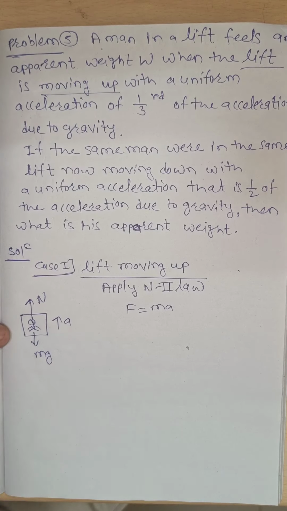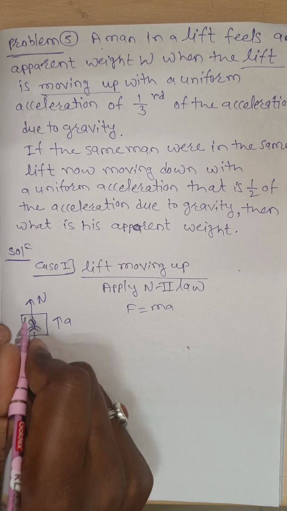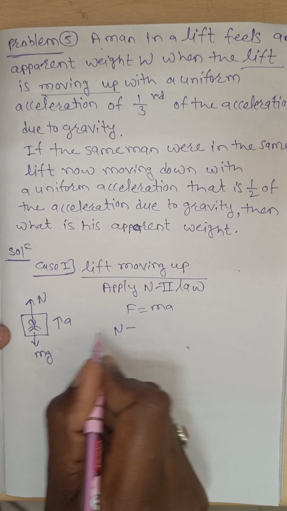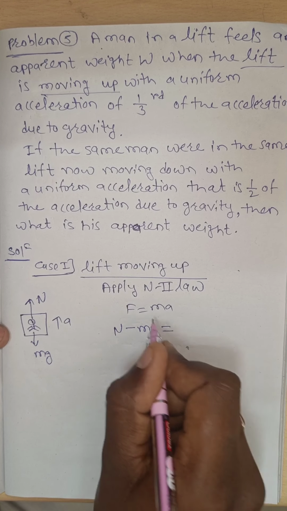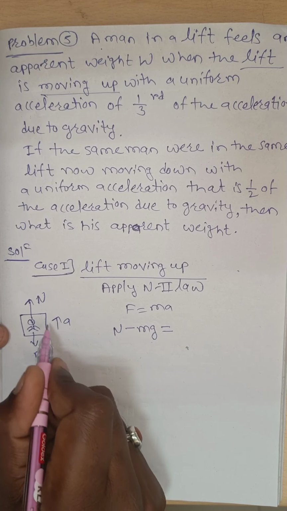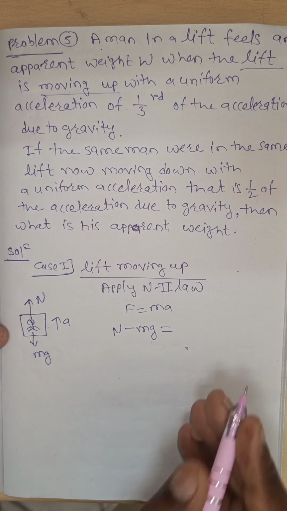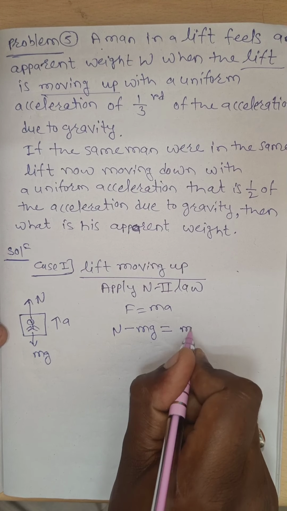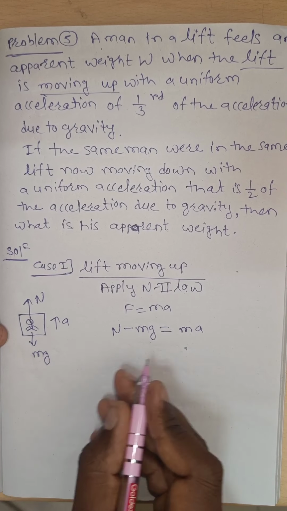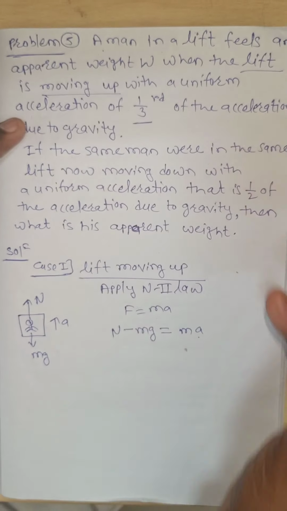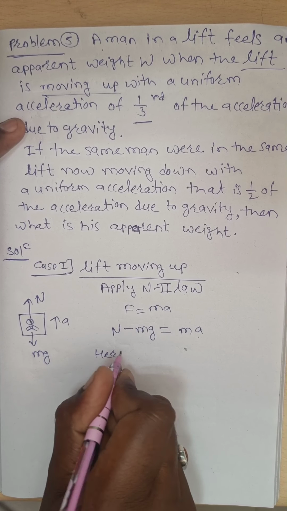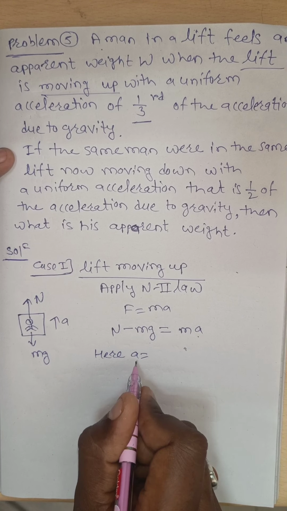Then the net force acting on that person, normal reaction in the upward direction and gravitational force in the downward direction, is equal to mass times acceleration, which is in the upward direction, therefore positive: ma.